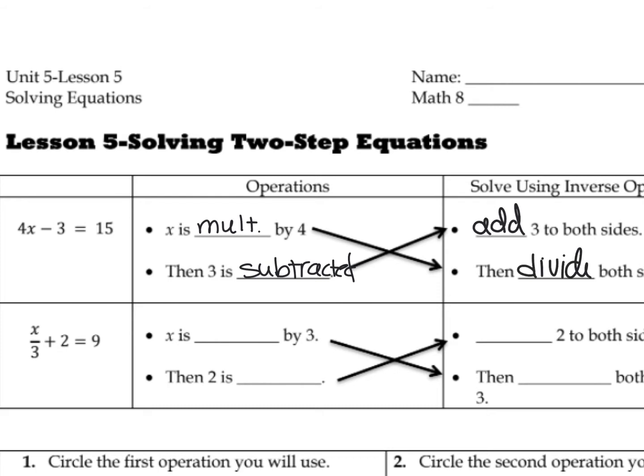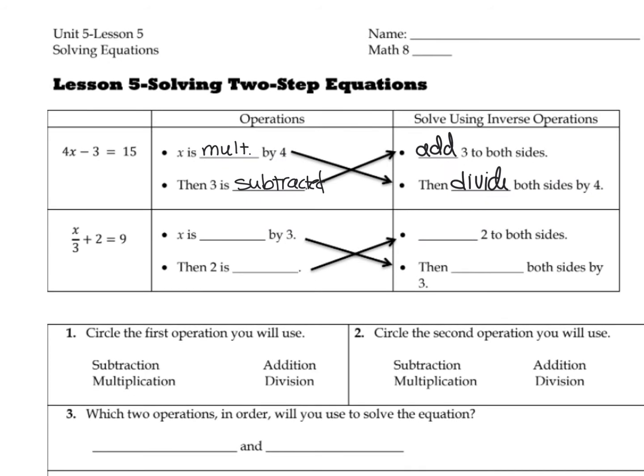So we're going kind of in the opposite order of what's happening in the equation because we're trying to undo the equation. So in the second one, we have x is being divided by 3, and then 2 is added at the end. So we're going to start with that plus 2 and do the opposite, which is subtract 2.